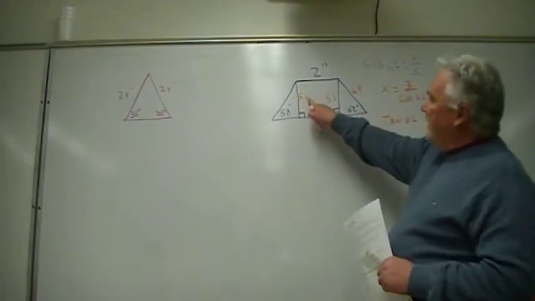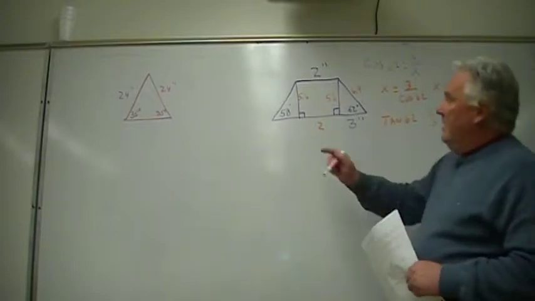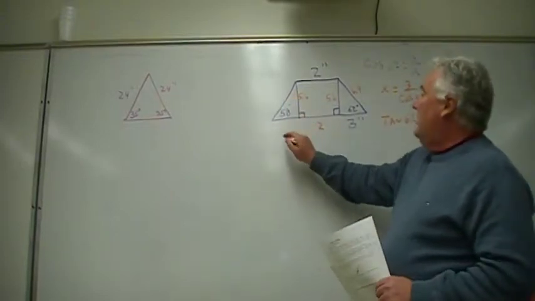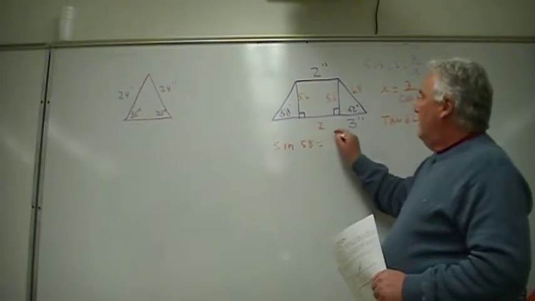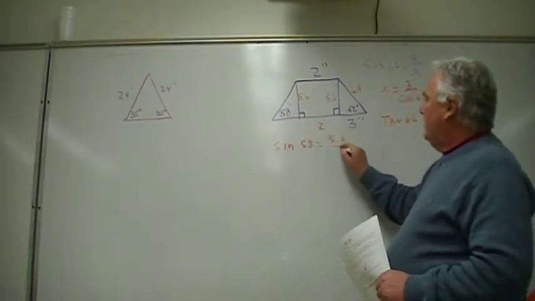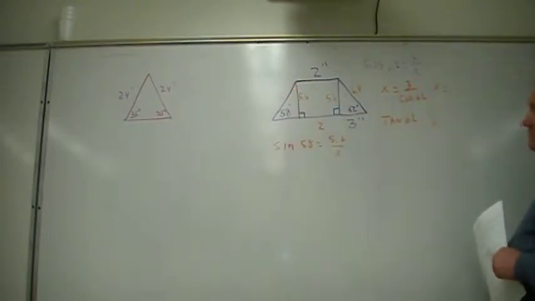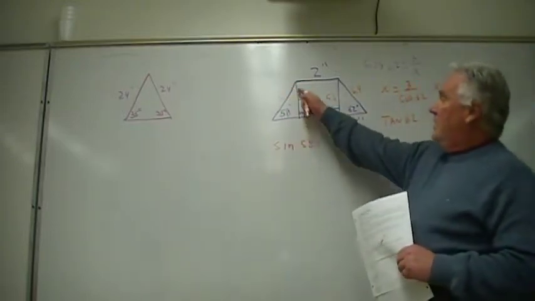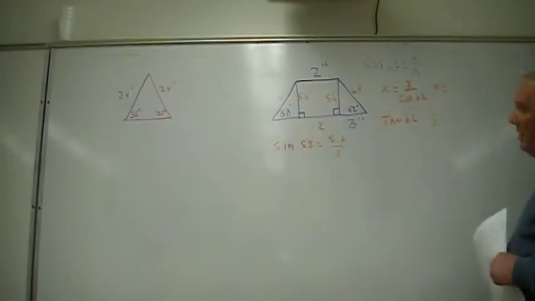And if this is 5.6 and this is 58 degrees, then we can find these two sides. We can do sine 58 equals 5.6 over x to find the hypotenuse of this triangle right here. Sine is opposite over hypotenuse.